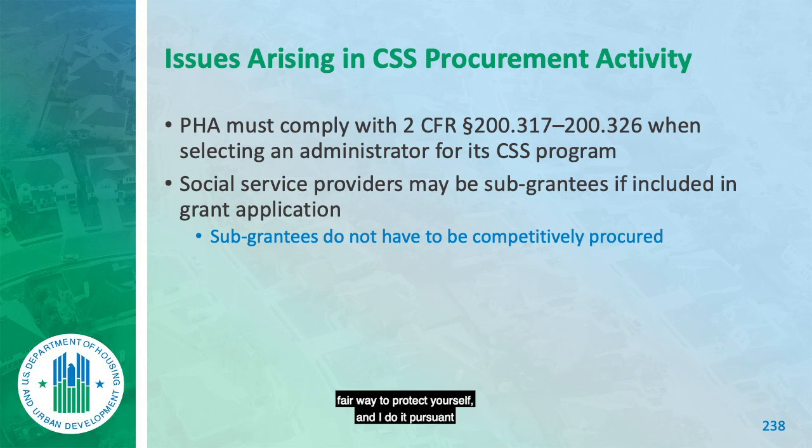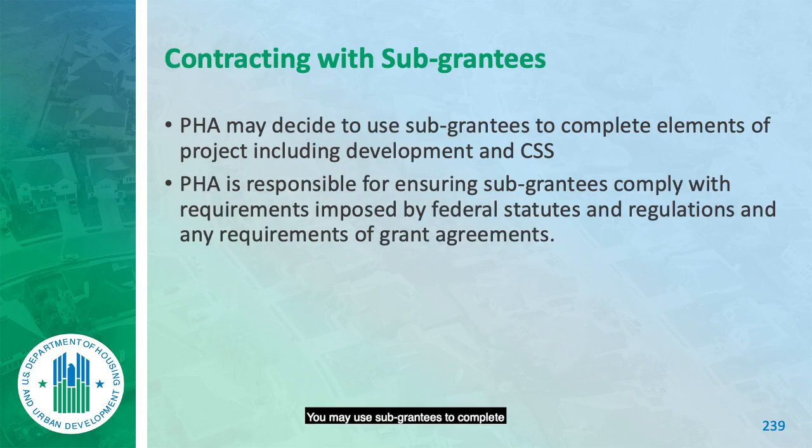It's the only fair way to protect yourself, and I do it pursuant to the CFR so that I have a standard. Even though HUD does give you some exceptions, my clients do not take advantage of it, okay? You may use sub-grantees to complete elements of the project, including development and the community supportive services, but you are responsible to ensure that they are all procured properly.